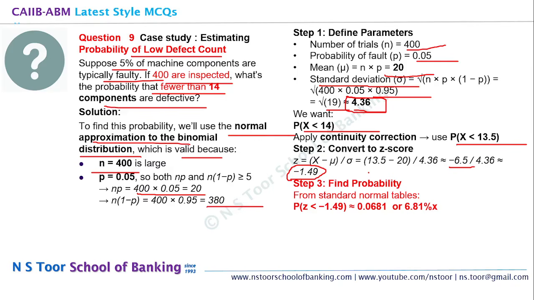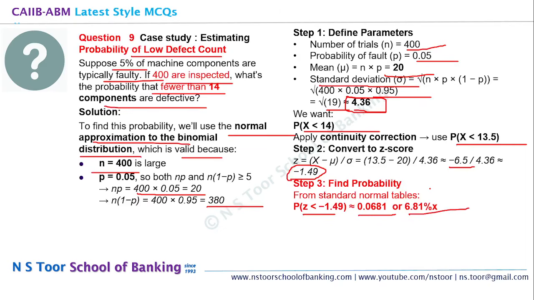Now we have converted X less than 13.5 into the z-score. From the standard normal table, when z is less than minus 1.49, the value will be 0.0681, or 6.81%.